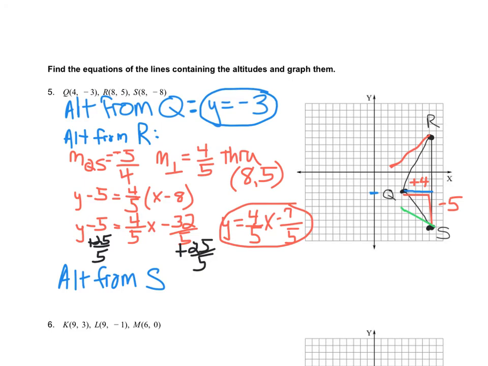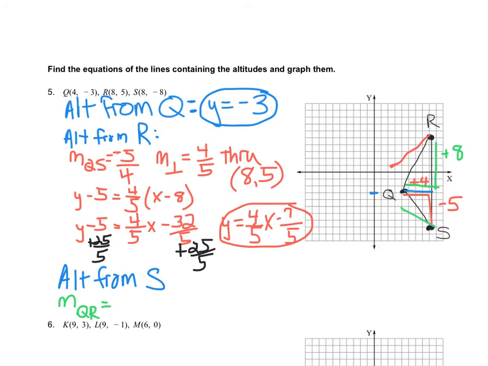So that slope triangle, we already have a run of 4 there, but the other part of the slope triangle is going to go right up to R. So positive 4, and that would be a rise of going from negative 3 all the way to 5, of 8. So the altitude from S, remember we want to first of all figure out what is the slope of QR.